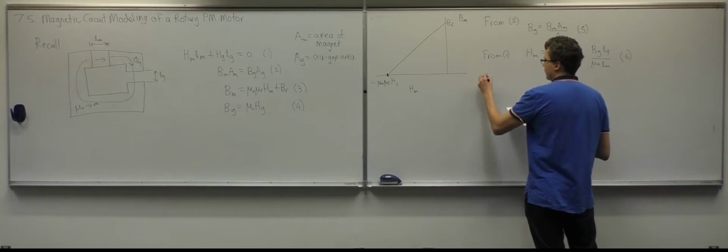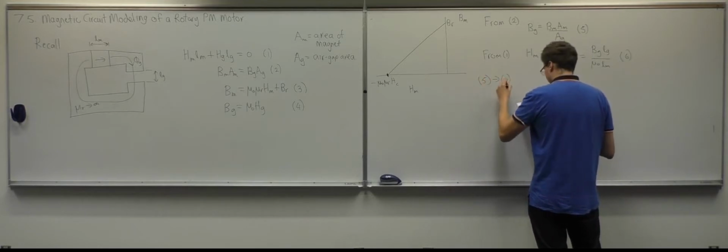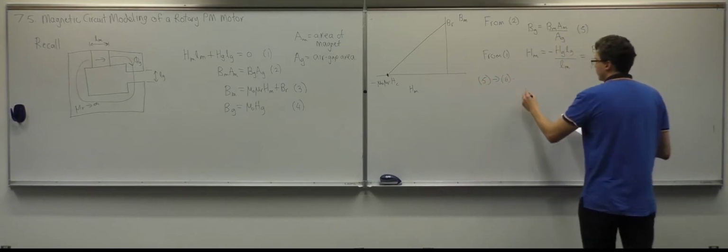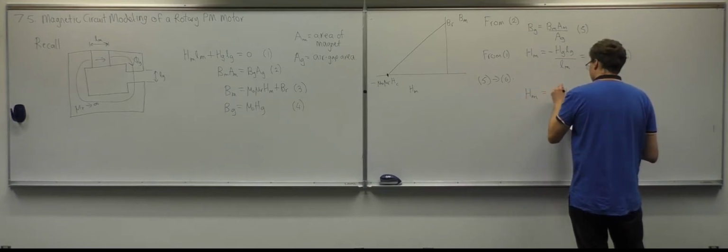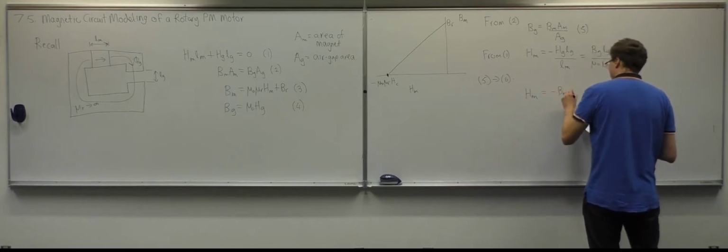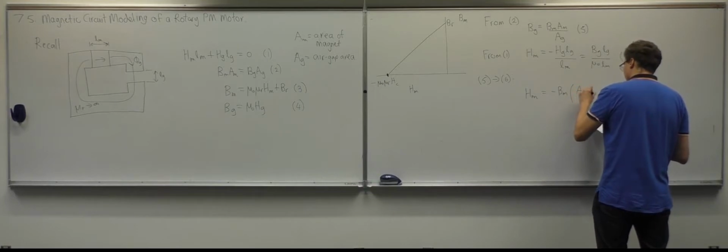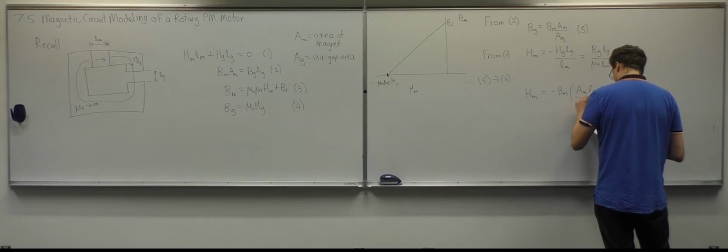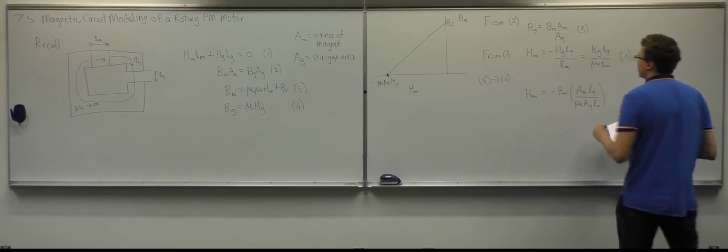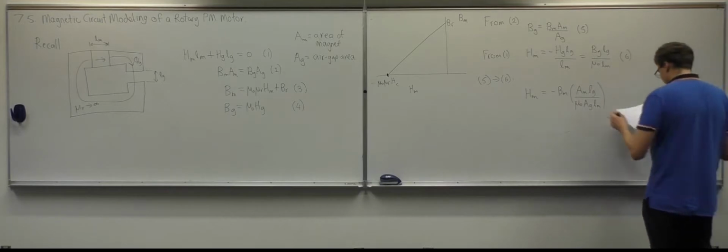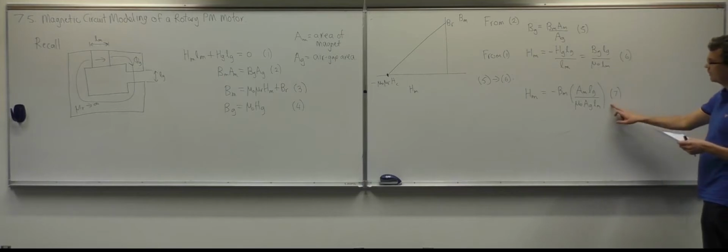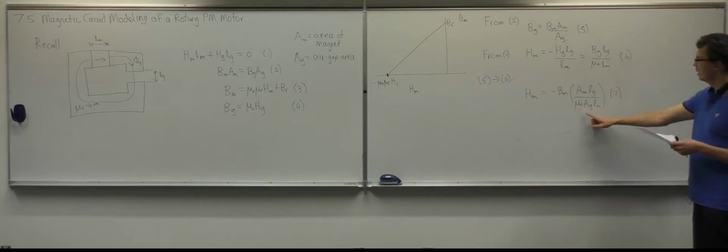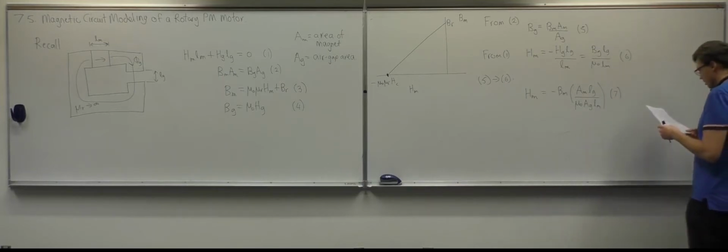So 5 into 6 gives Hm is equal to minus Bm Am Lg divided by mu naught Ag Lm, like that. That's 7. And this gives you the load line.